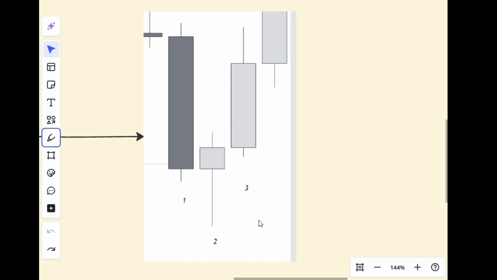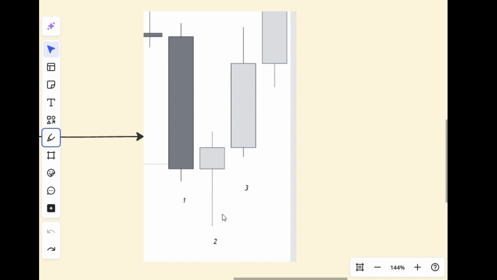For example, for a swing low, the low of the first candle and the low of the third candle are higher than the low of the second candle. You can see this one is isolated, this one is higher, this one is higher.